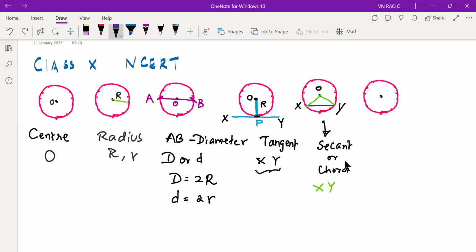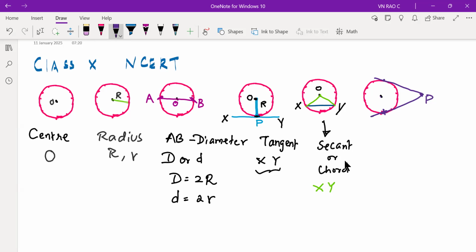This is an external point. If I want to draw tangents to the circle from it, there will be two of them like this. Each touches the circle at a point of contact, and each becomes a tangent.